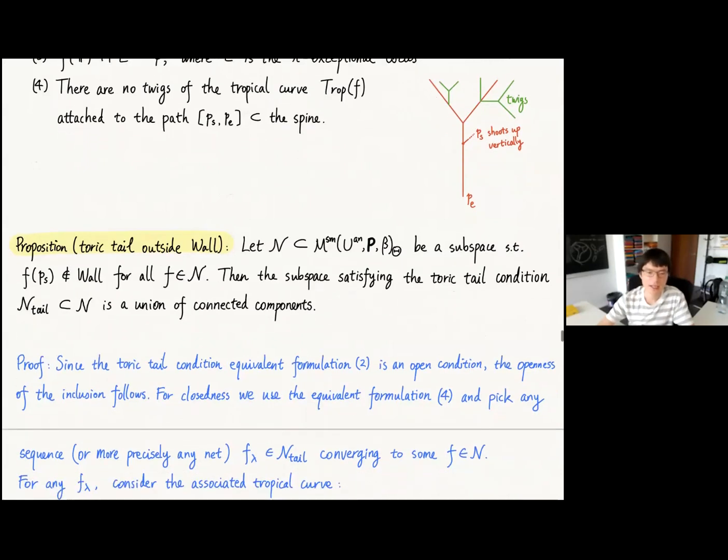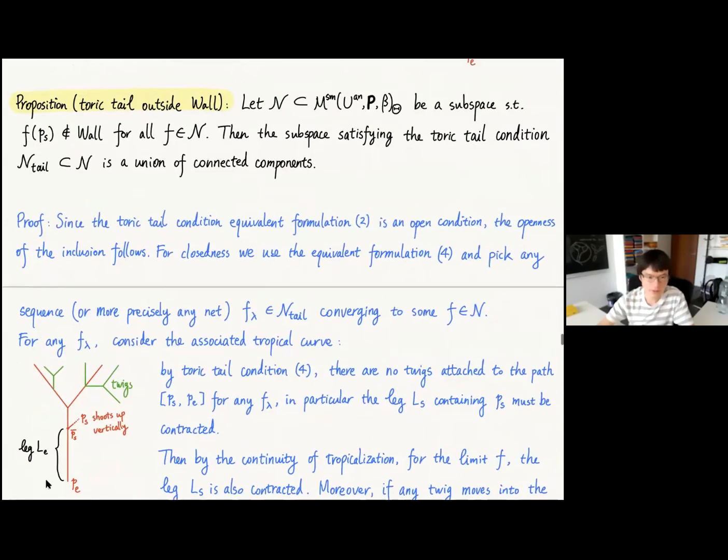For any f lambda, consider the associated tropical curve, like here. By toric tail condition 4, there are no twigs associated to the path PS to PE for any f lambda. In particular, the leg LS, this leg containing PS, must be contracted.